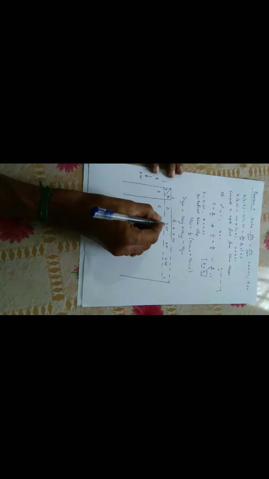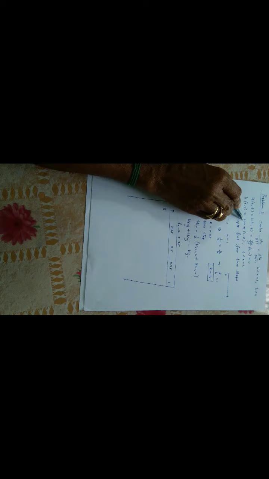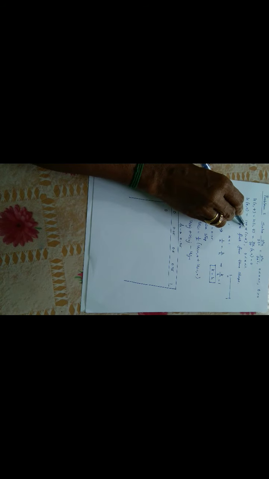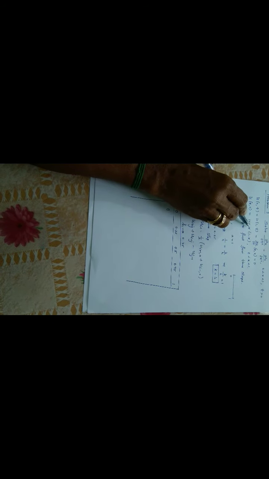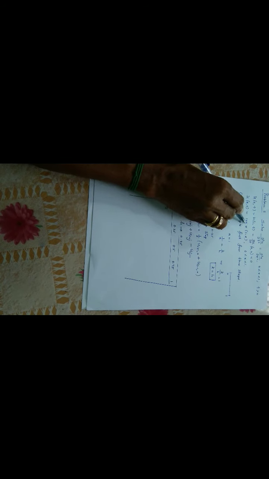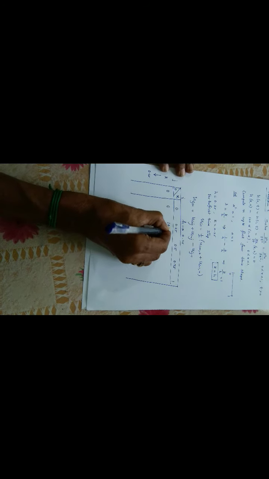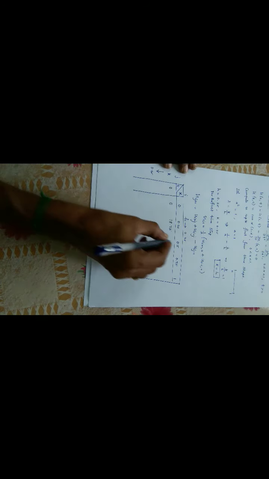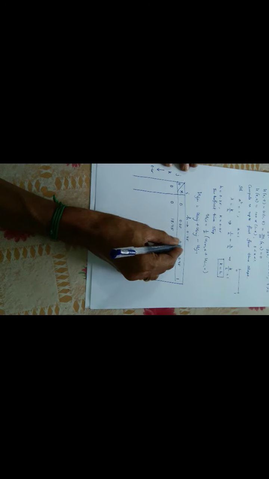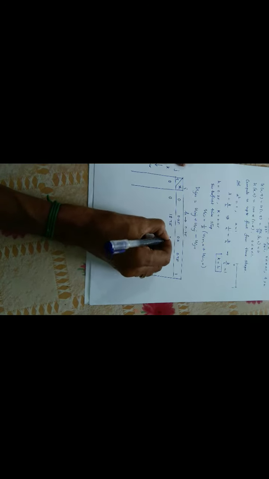Okay, now x equal to 0.25. If we take 0.25, I substitute x equal to 1 by 4 in this equation, which is 100 by 4 into 1 minus 1 by 4. You know how to simplify numerically, you can use a calculator: 18.75. Similarly, you take 0.5, or 1 by 2, and substitute here, a very simple calculation, and you will get 25.